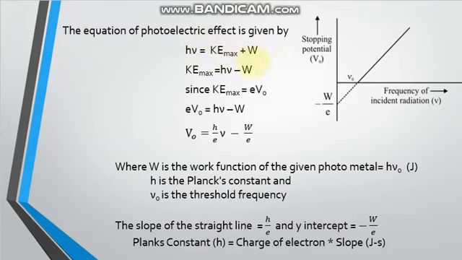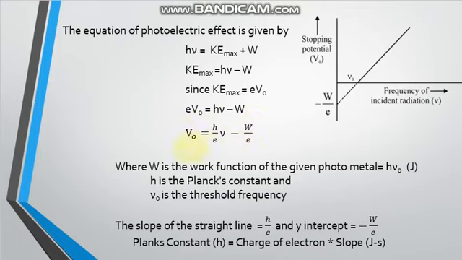By rearranging this equation, you will get this form, and the kinetic energy is replaced by eV0, that is the charge of the electron times the stopping potential. Then the equation changes into this form, and dividing this equation by e, V0 equals h by e times nu minus W by e.